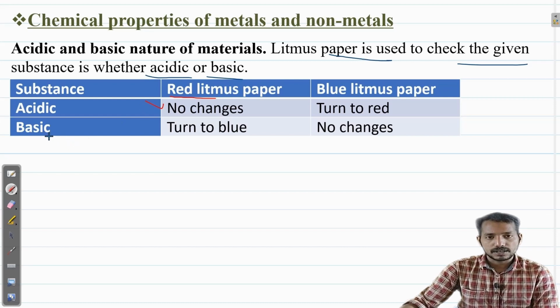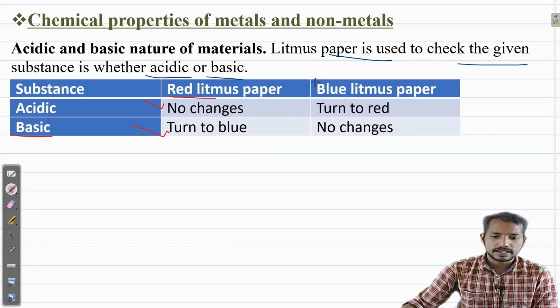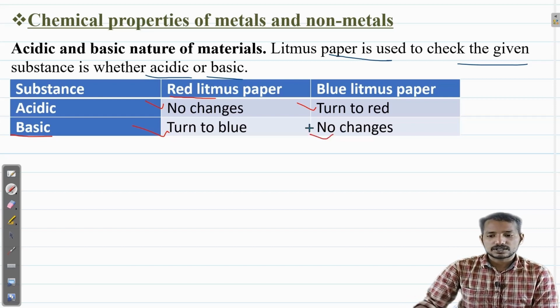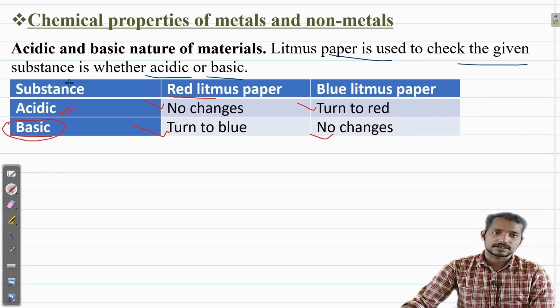But if it is dipped in the basic solution, then it will turn into blue. Similarly, in case of blue litmus paper, if it is dipped in acidic solution, it turns red, and if it is dipped in the basic solution, there will not be any change. That means basic solution always shows the color blue and acidic solution always shows the color red.